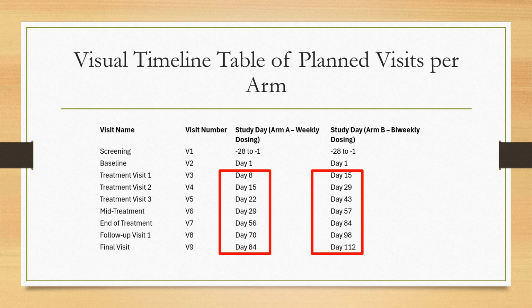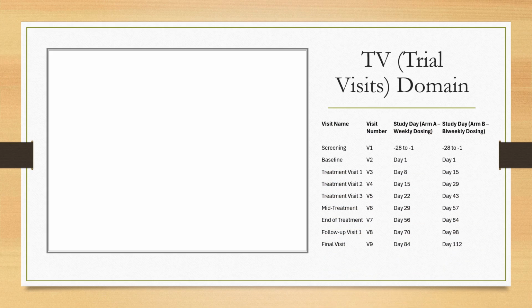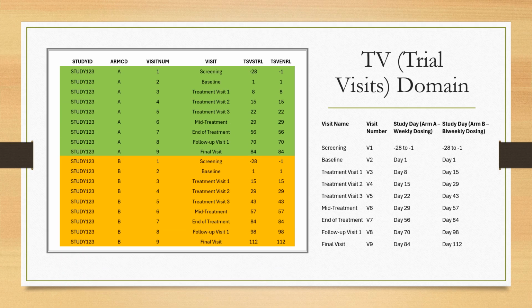Due to this, the TV start rule, that is the visit start rule, will be different for each visit in both arms. This makes it necessary to define the trial visit as one record per planned visit per arm. Let's see the possible TV dataset that can be created for the just discussed timeline table of planned visits per arm.